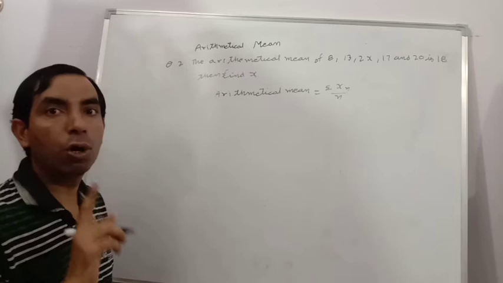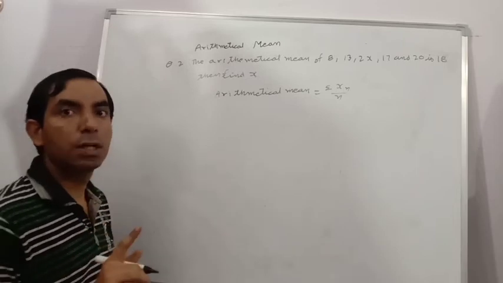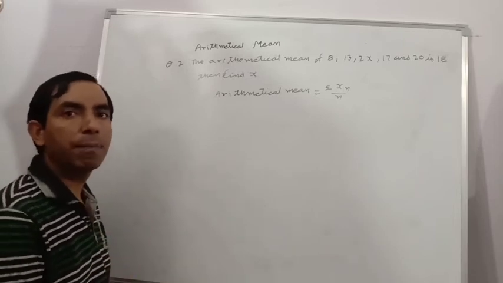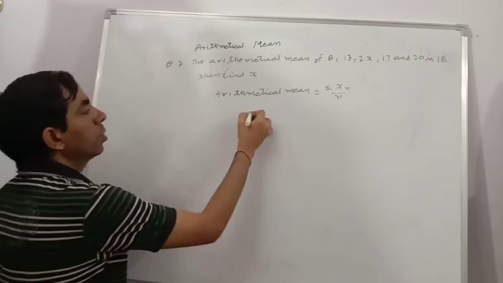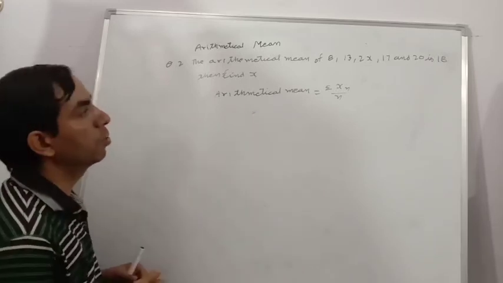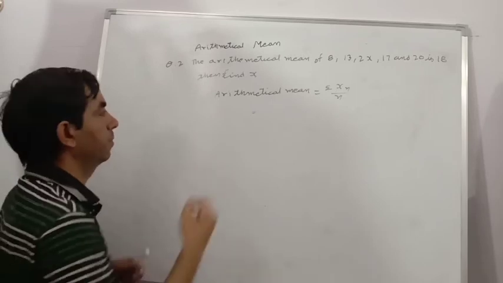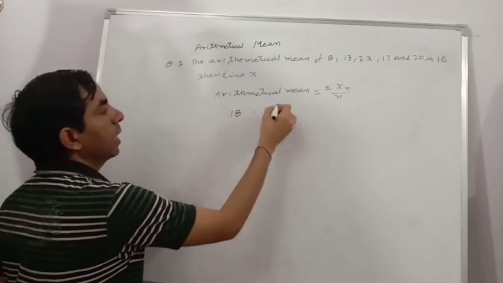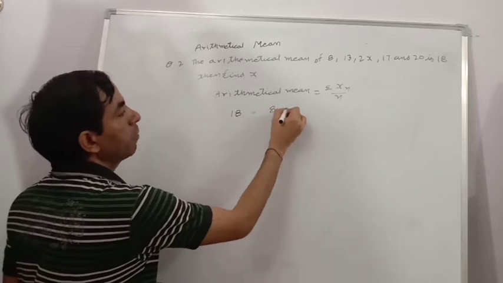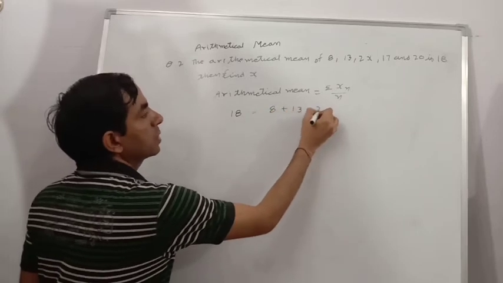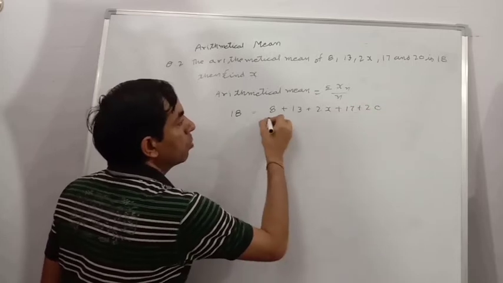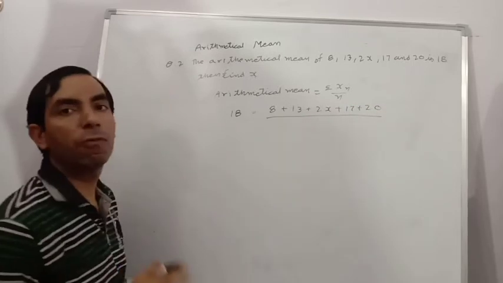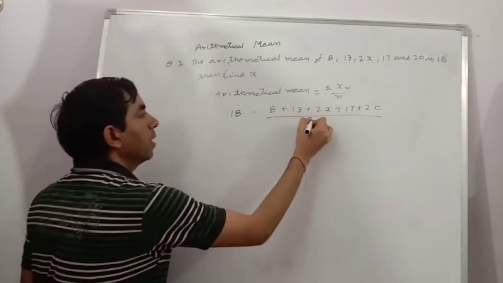In an examination, always write the formula, because the examiner gives marks for the written formula. The mean is 18. Summation of xn means 8 plus 13 plus 2x plus 17 plus 20. The total number of terms is 5, so in the denominator we write 5.